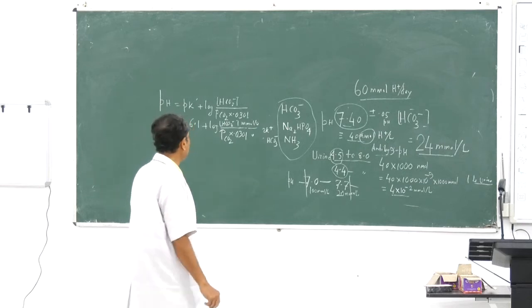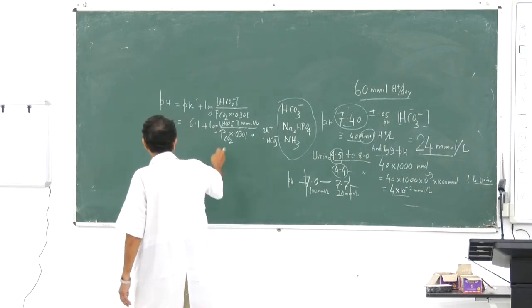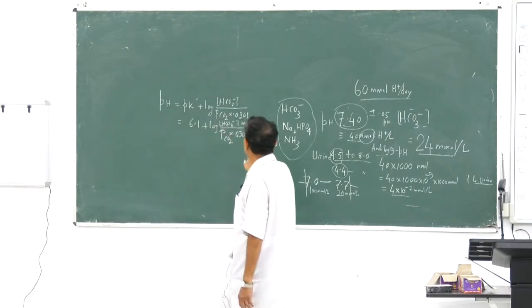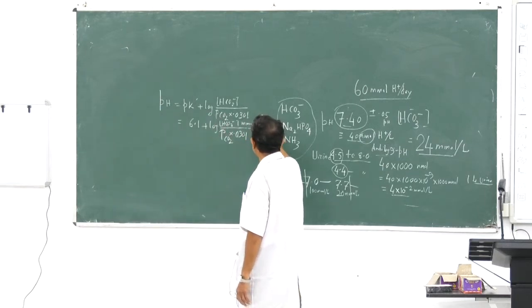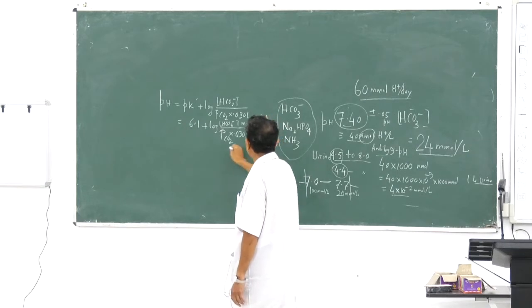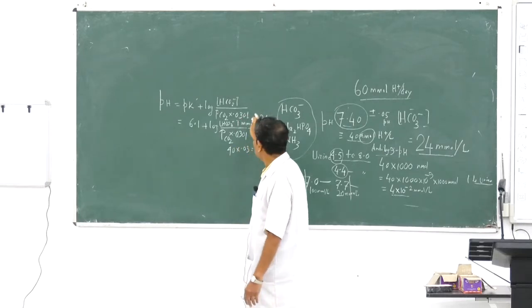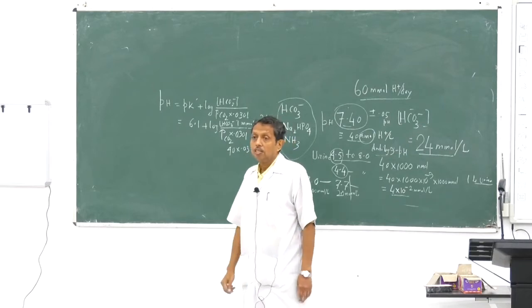In this case, it is modified in this fashion so that you can calculate it. If you take this value as 24, and 40 multiplied by 0.03 is 1.2, this ratio becomes 20.